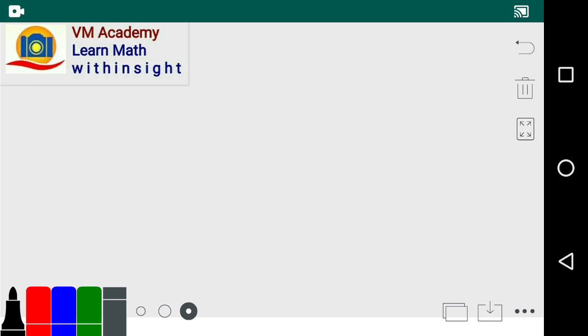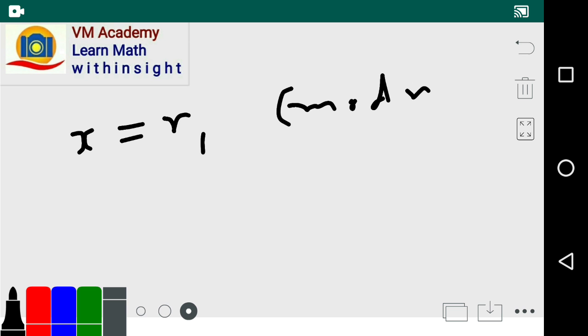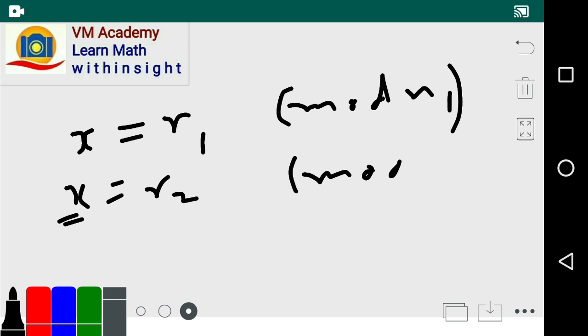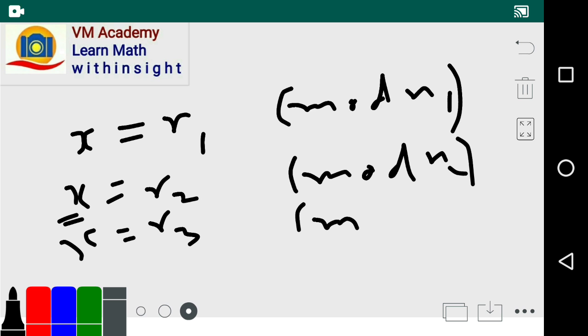In modular form this is written as: if x is congruent to r1 mod n1, again x divided by n2 gives remainder r2, and x is congruent to r3 modulo n3, and so on, friends.